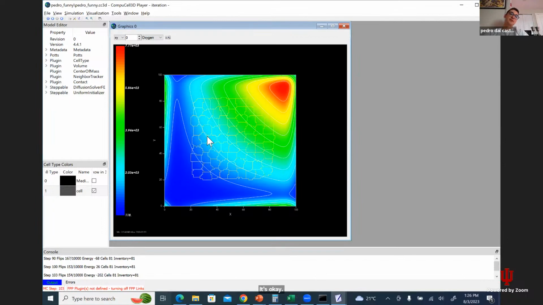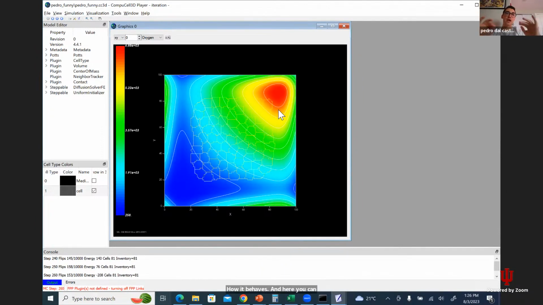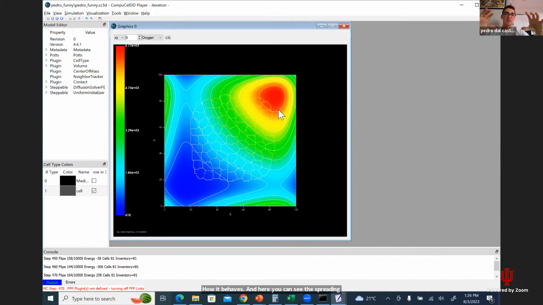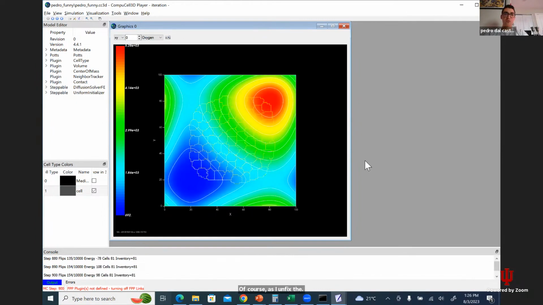Now we can see from the minimum value of the field to the maximum value of the field, how it behaves. And here you can see the spreading behavior. So the field spreads until it is evenly distributed. Of course, as I unfix the minimum and maximum values, I will always see the minimum and maximum values of the simulation.